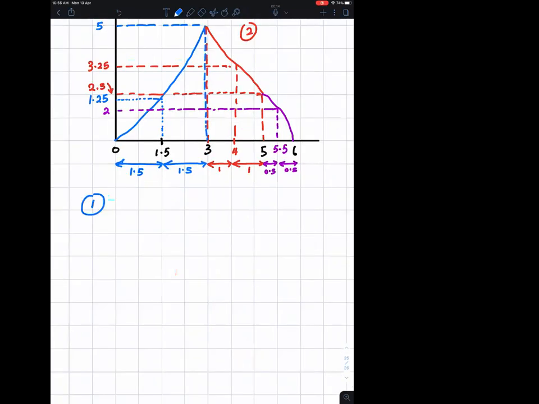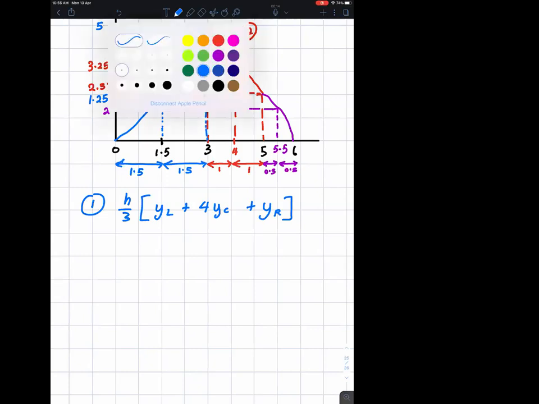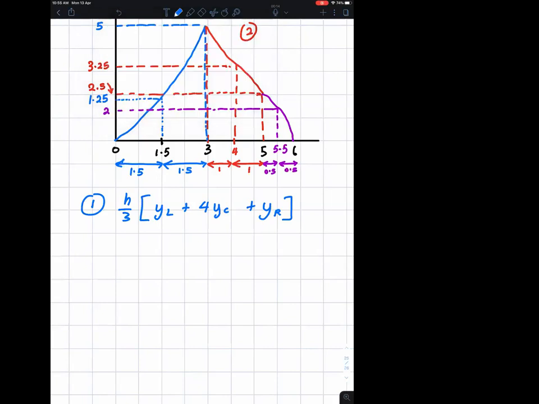Do you remember the formula is h over 3 times y left plus 4 yc plus yr. So what's the h here?